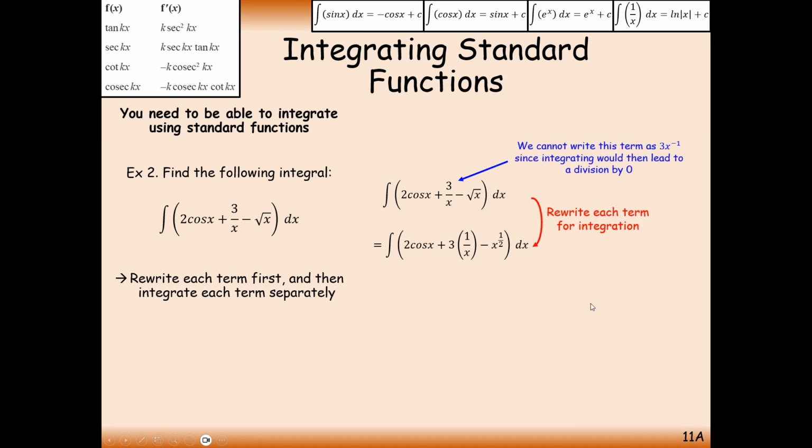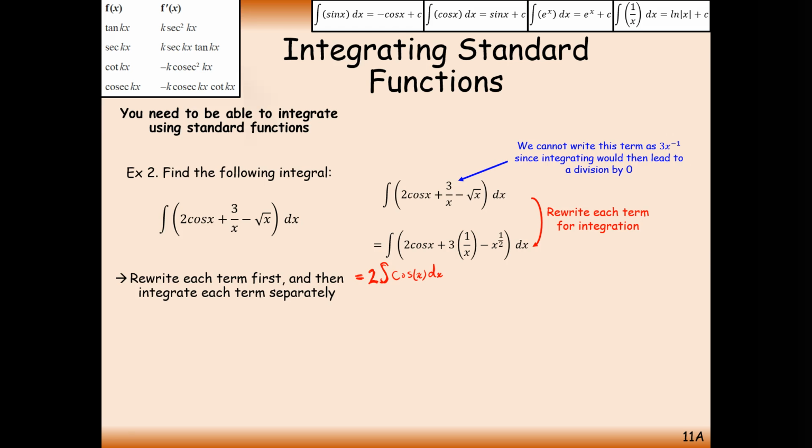A constant 2 in front of a cos function means we can factor 2 out of that integral and integrate cos of x, because the constant does not change the function. It's outside of the function.